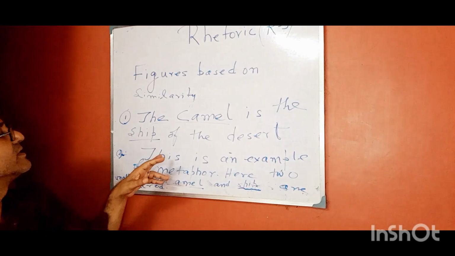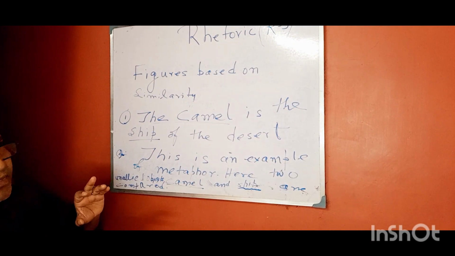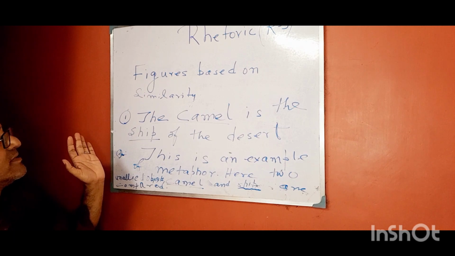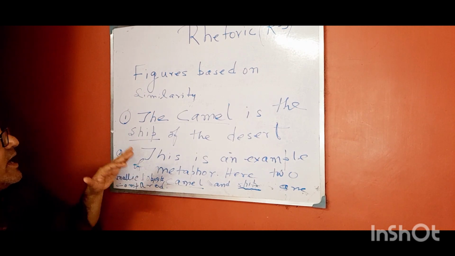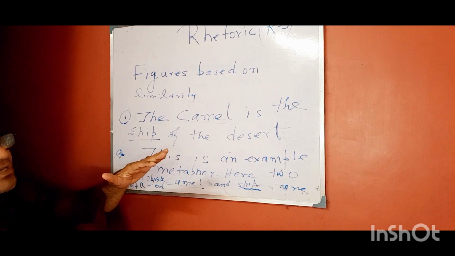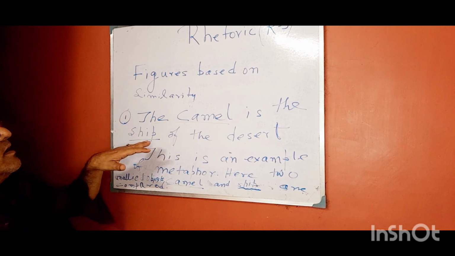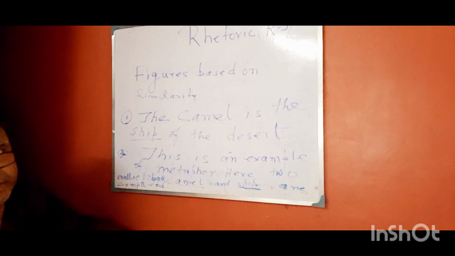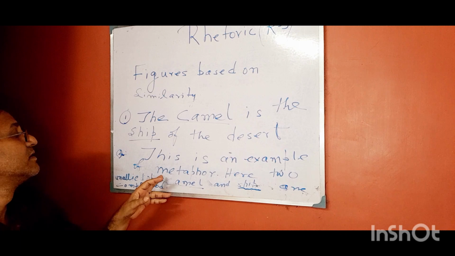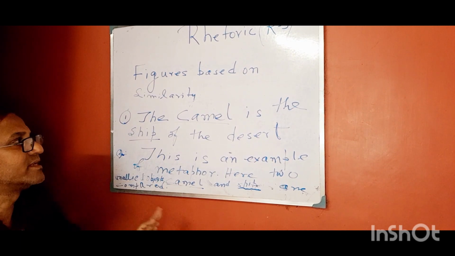The camel has been directly called a sheep. As the sheep moves in the river, the camel moves in the desert. That is the comparison here.